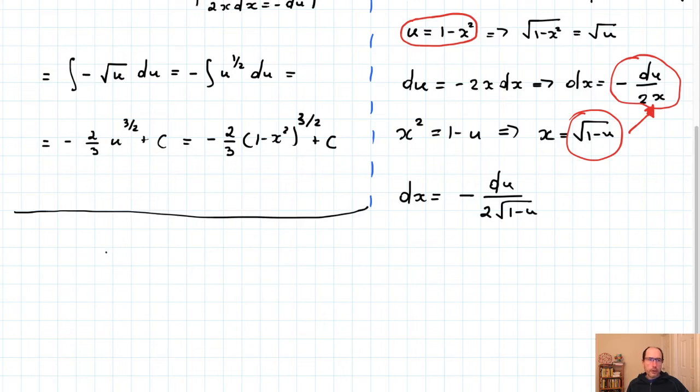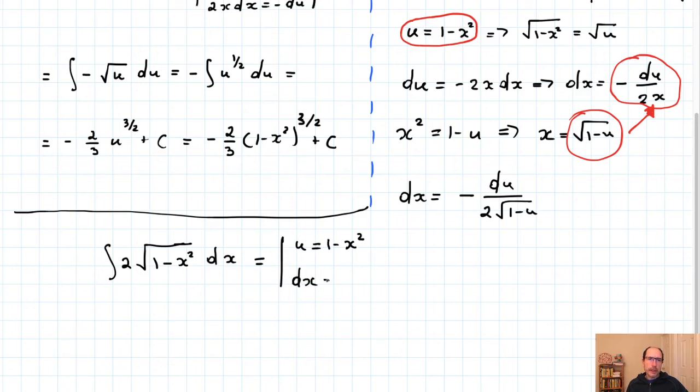So we started with the integral of 2 times the square root of 1 minus x squared dx. And now we're substituting u equals 1 minus x squared. And we found that if that is the case, then dx relates to du according to this equation: dx equals negative du over 2 times the square root of 1 minus u.